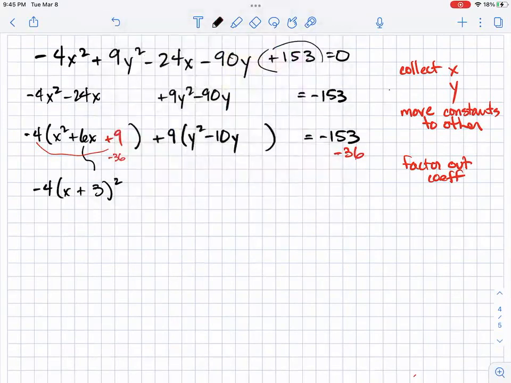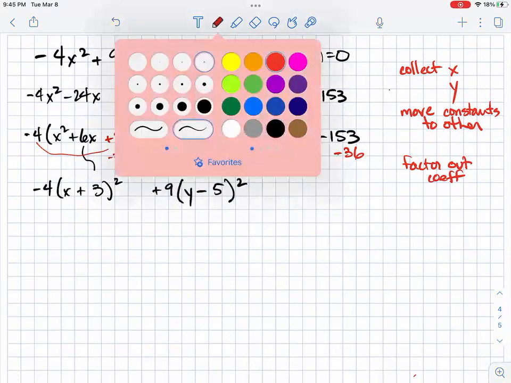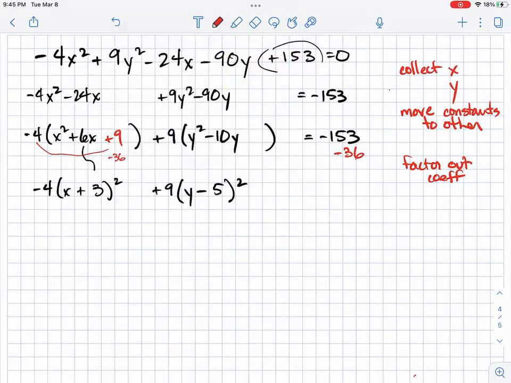Doing the same with the y's. We've got the plus 9, y minus half of that b term squared. So in order to complete that, we're going to square the 5, add that inside our parentheses, which is 225. So we add that to the other side.